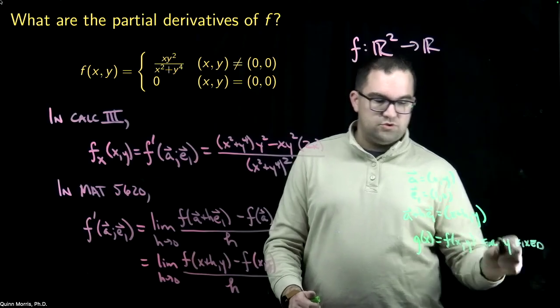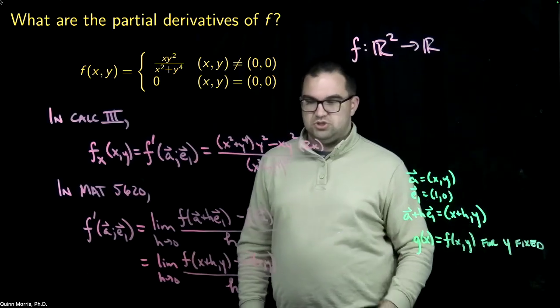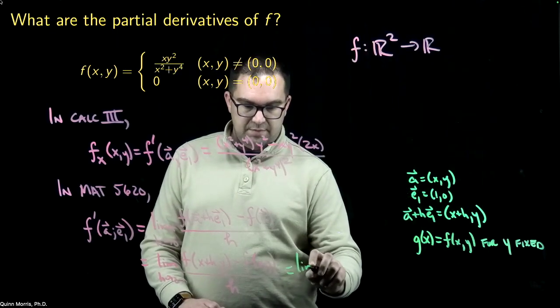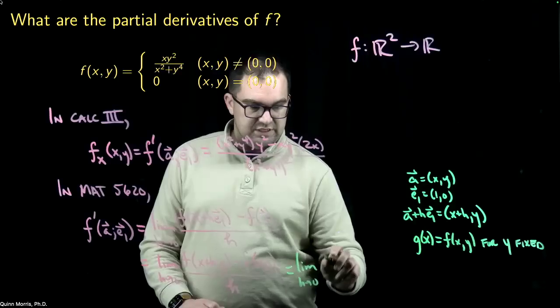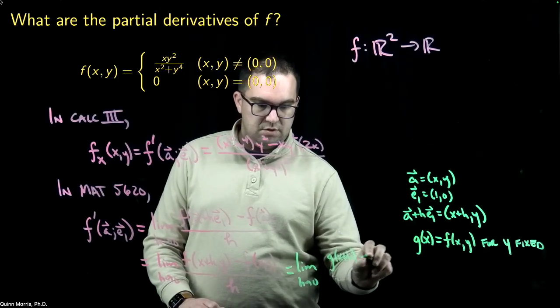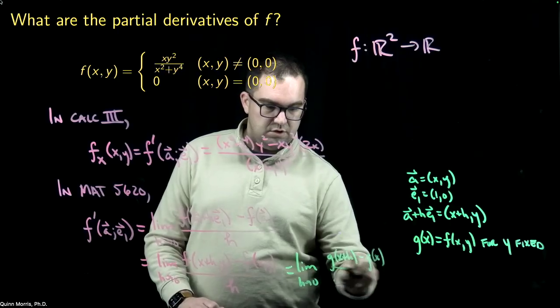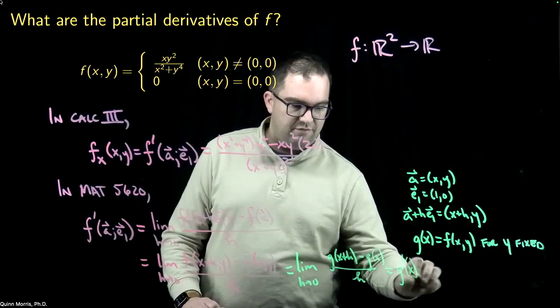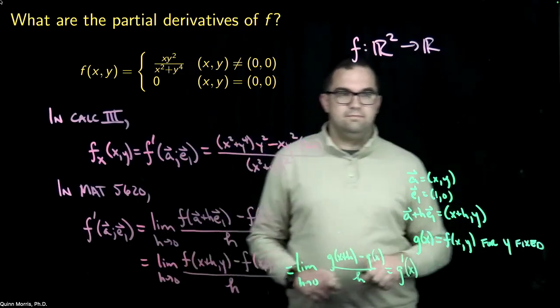So for each fixed y, you can define this function g of x. Then this expression becomes the limit as h goes to 0 of g of x plus h minus g of x over h, which is precisely g prime of x for each fixed y.